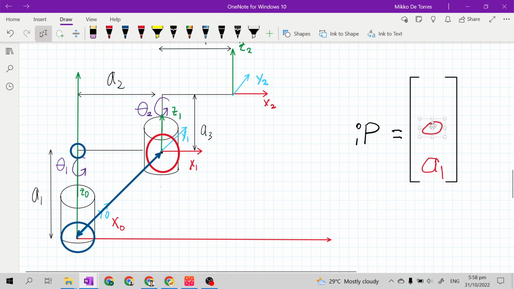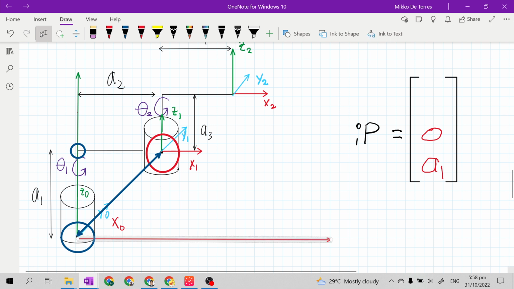Now, for x, we will look at the axis of x sub 0, how far the origin of frame 1 is to the origin of frame 0. Along x sub 0 axis, we have here the link length a sub 2. So a sub 2 is the measurement of how far frame 1 is to frame 0 along x sub 0 axis.